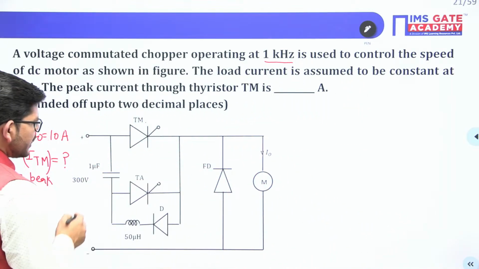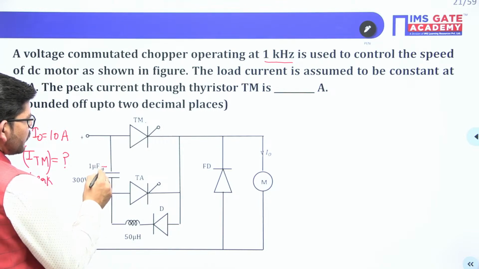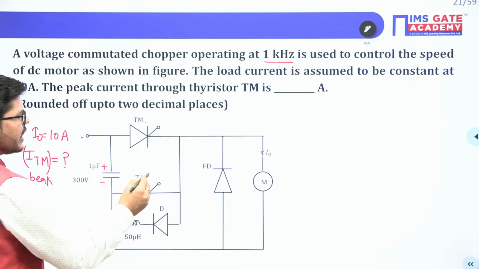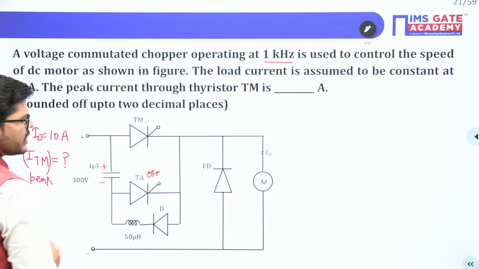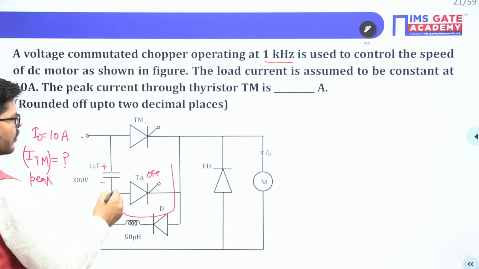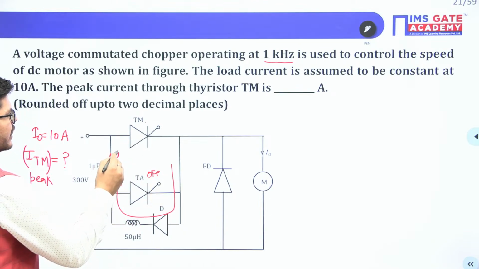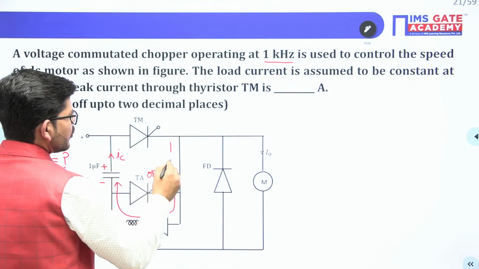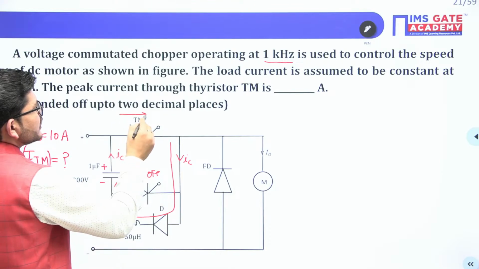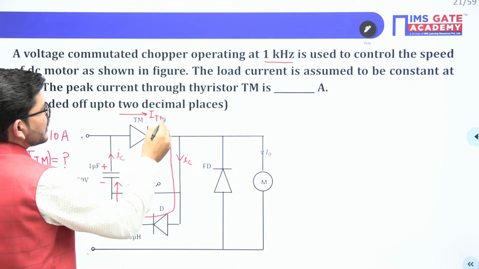This is the capacitor. So initially its polarity will be like this. Due to this polarity of capacitor, Ta will be off and this diode will be conducting. So there will be one current flowing in this particular circuit in this manner, and that current is IC. And one current is flowing across this main thyristor as well.